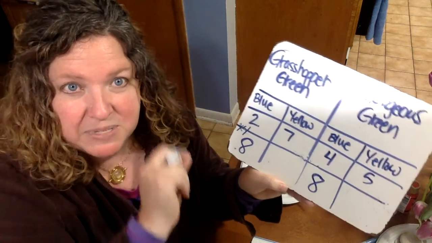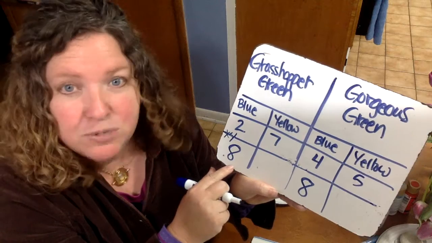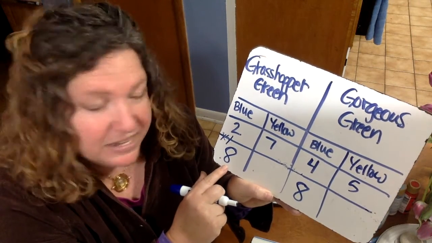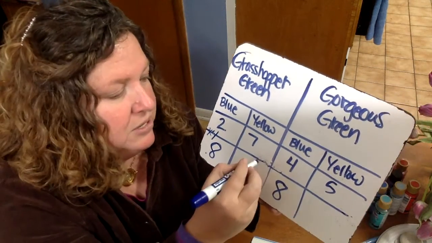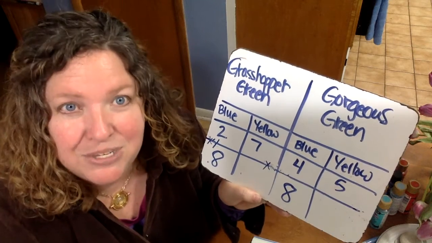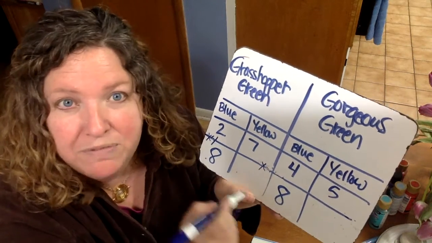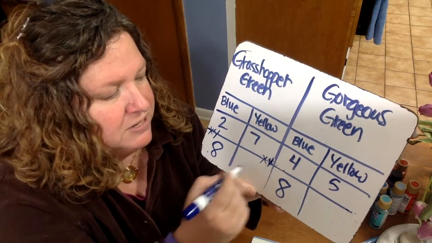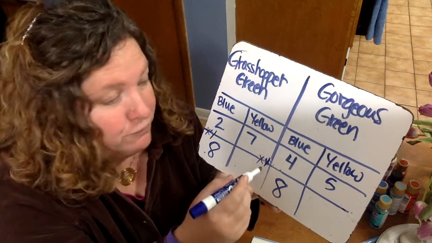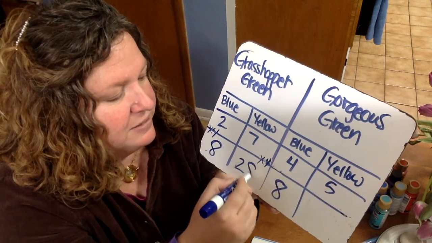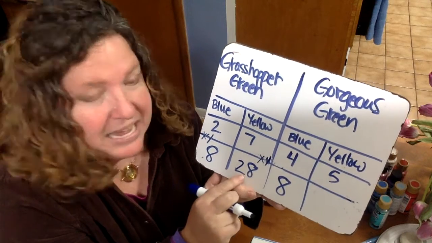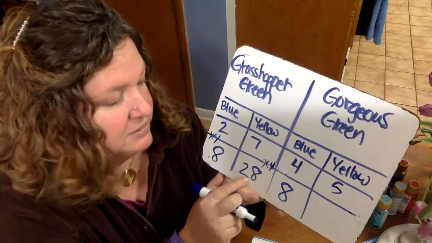Instead of putting 2 drops on, I could have put 4 times that much and put 8 drops on. But if I put 8 drops of blue on, 4 times as much, well, I have to do that same change to find an equivalent ratio. I have to do the same change to the yellow. So 7 times 4, I started with 7, 4 groups of that is 28. So now the grasshopper green, I have 8 blues and 28 yellows.